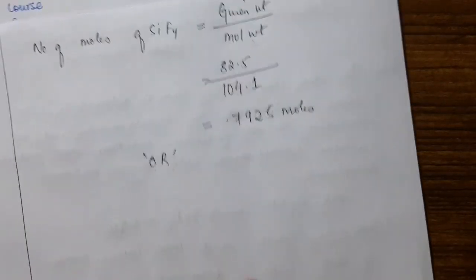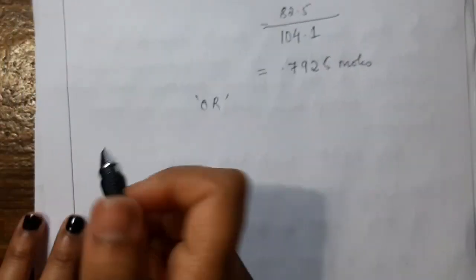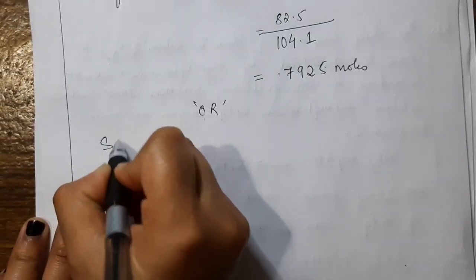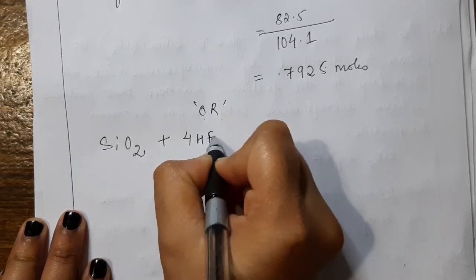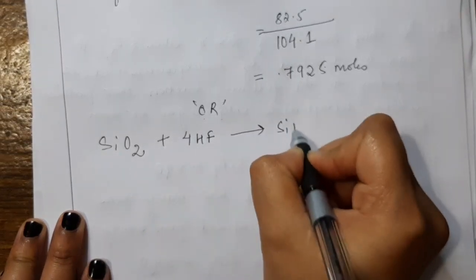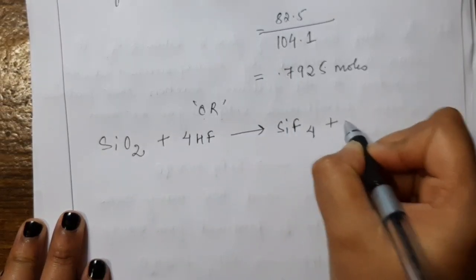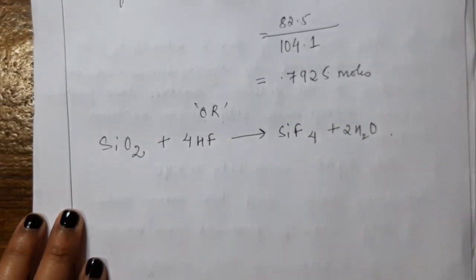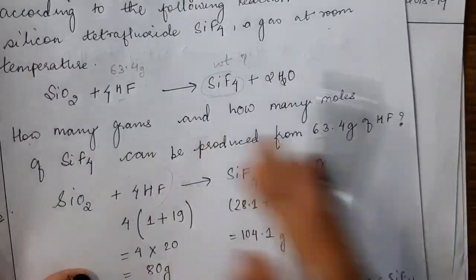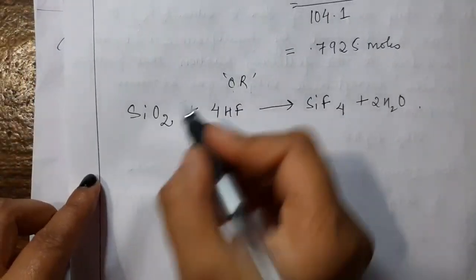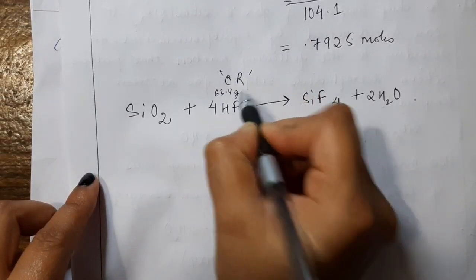Or you can do this in another way, from the equation. I'll show you. The equation is SiO2 plus 4HF giving you SiF4 plus 2H2O. So the question is this one. You are given 63.4 grams of HF.